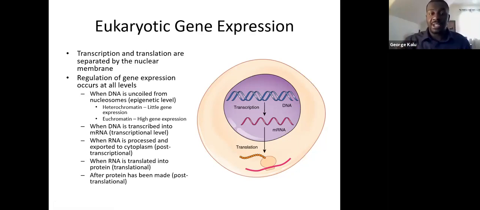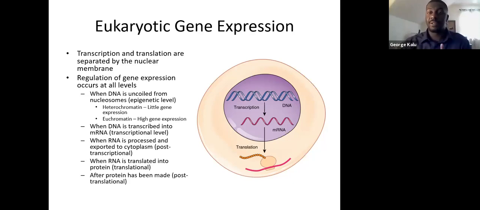And so because there's so much condensing, there's going to be very little gene expression happening in heterochromatin. Now, when it becomes loosened up as euchromatin, that's going to allow more room for those enzymes to come in. And so we're going to have a higher level of gene expression happening in euchromatin. So that's what we call the epigenetic level, whether the DNA is condensed or less condensed.